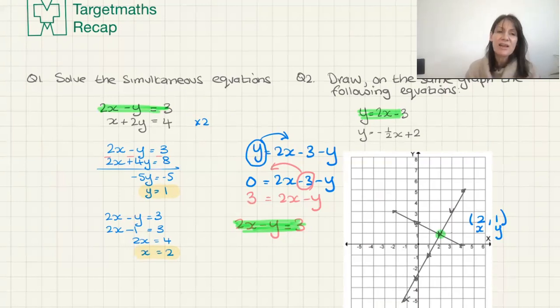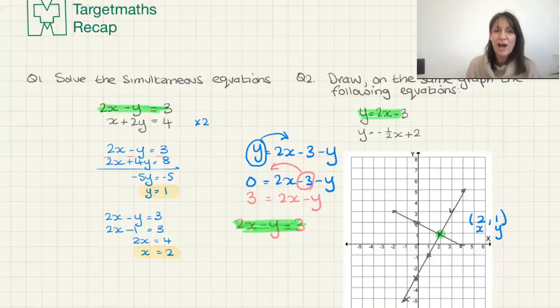Simultaneous equations are just rearranged versions of y equals mx plus c. I hope I'm blowing your mind right now. They are the same algebra. They're the same equations. Everything about them is the same. So simultaneous equations are linear equations.